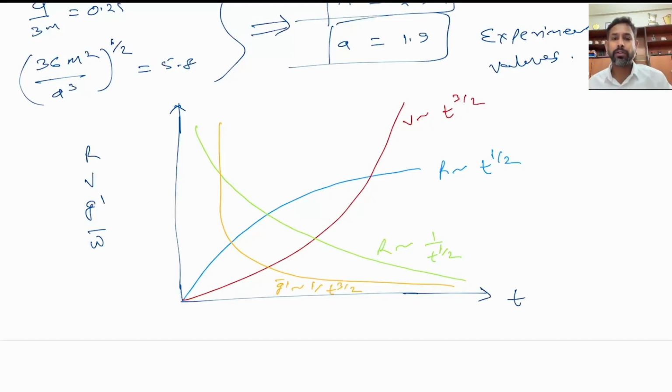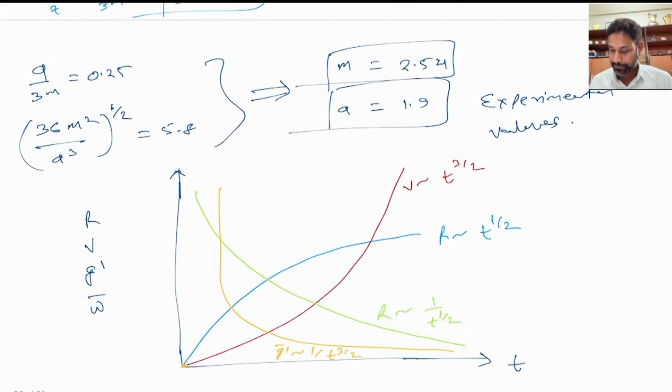Okay, so this is how different values will increase or decrease from the point of injection. So at t equal to 0, the plume starts, and then slowly with increase in time, your volume increases, radius increases, and the velocity decreases, and your g prime value also decreases. So these are the different patterns it will follow.